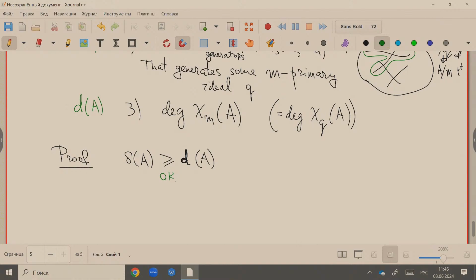because here we know, we proved it, since delta of A is the number of generators of Q, and we have proved that degree is a polynomial, so that it is bigger or equal than the degree of the corresponding polynomial.